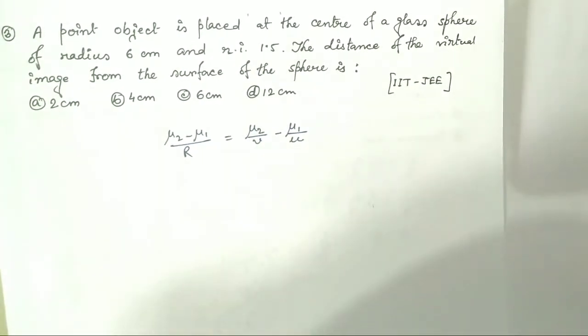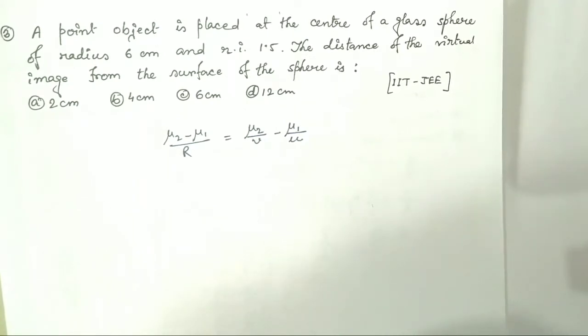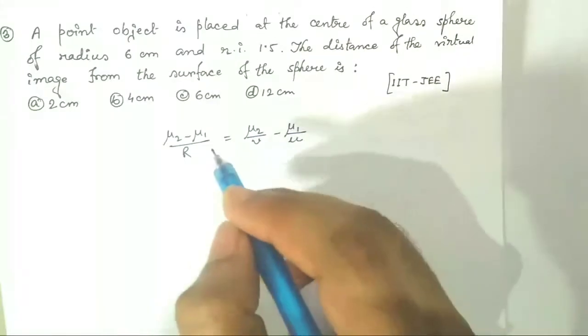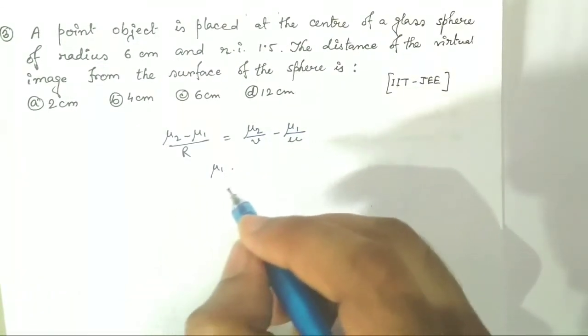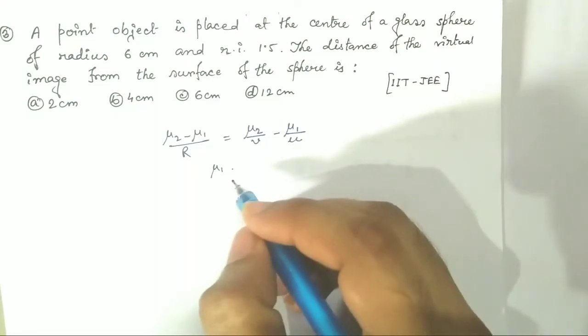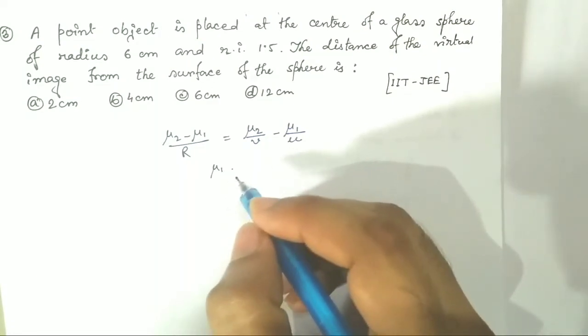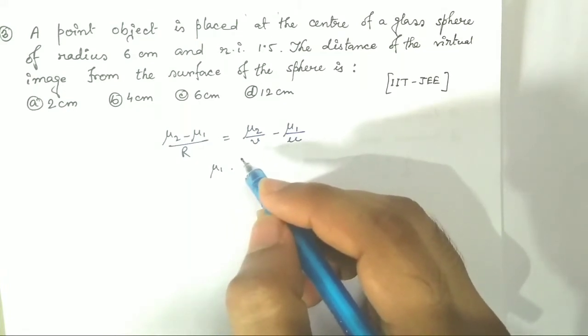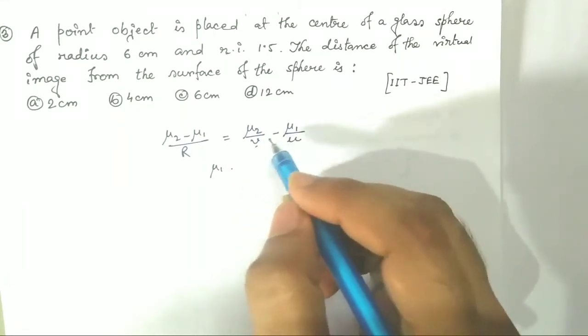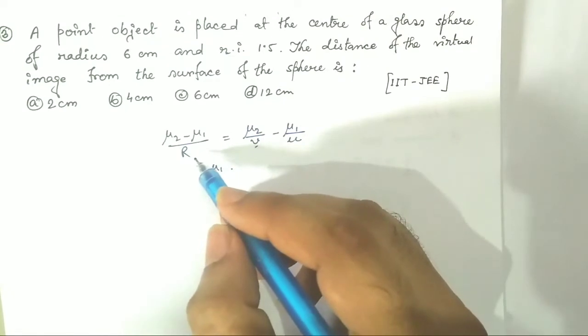In this formula, mu1 is the refractive index of the medium from which light rays are coming. Mu2 is the refractive index of the medium in which light rays are entering after refraction. And we all know u is the object distance, v is the image distance, and R is the radius of curvature.